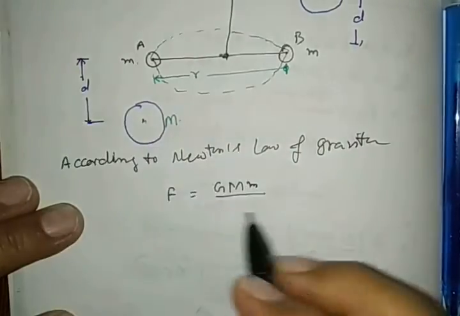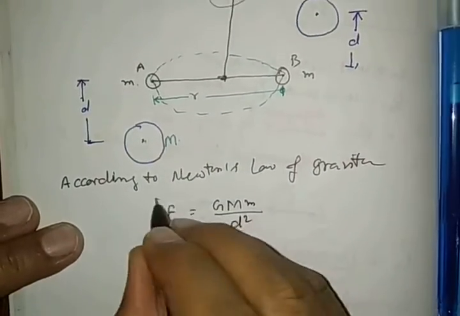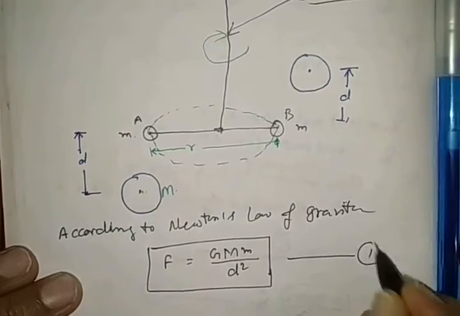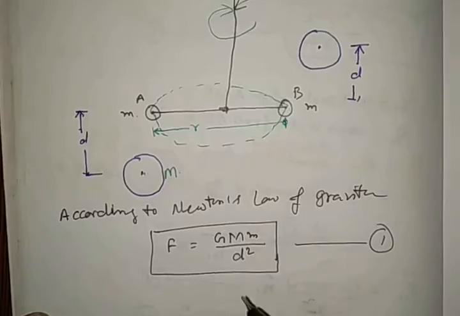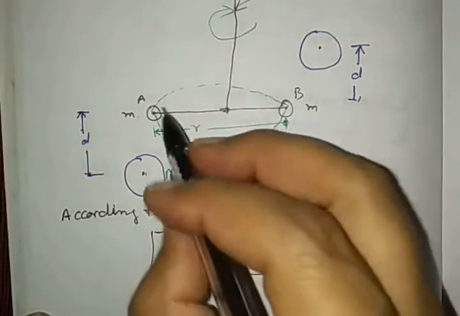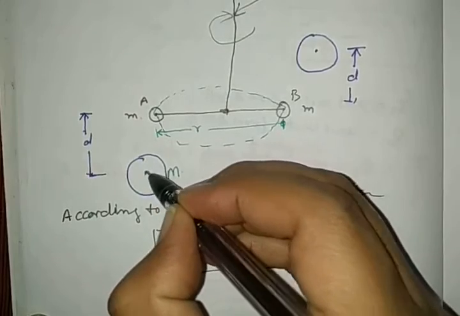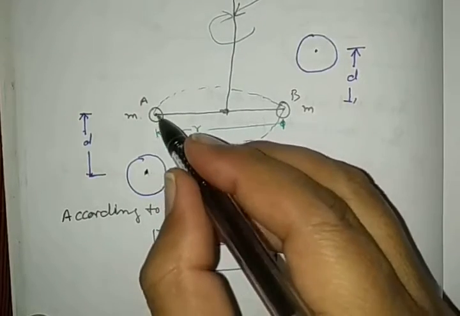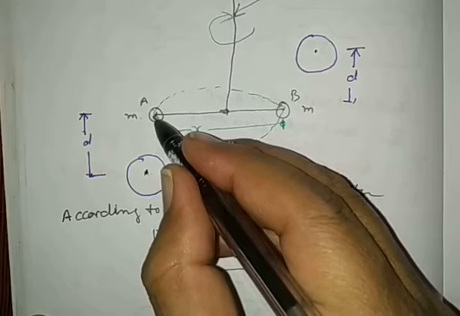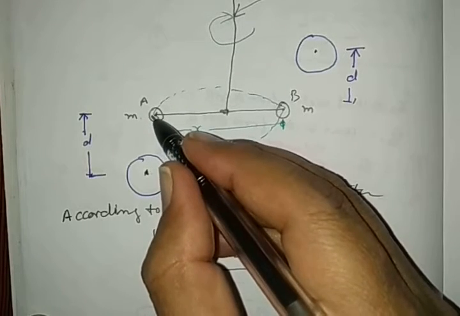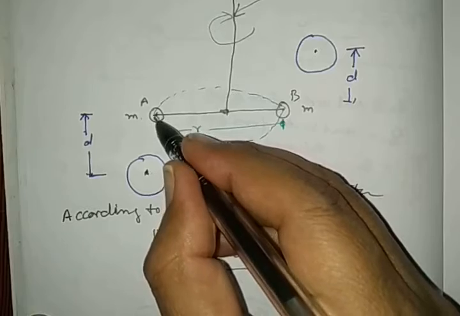This is represented by equation number 1. Now it is very important to see here in the diagram this gravitational pull. See, this is the heavier mass, the heavy body, and both are experiencing force. But this is heavier, this is small. So the attraction force acts towards this, right?